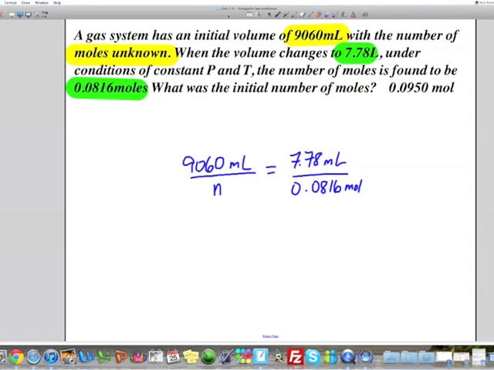I just realized here I made a little mistake, so we're going to have to convert this. Your volume here is in milliliters, this one is in liters, right? So I got caught, which probably you would do too. So this changes to liters, and this would be, if I convert the same thing into liters, because I need to have the same units, it would be 9.060 liters.